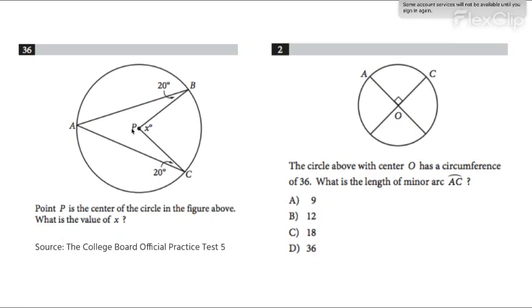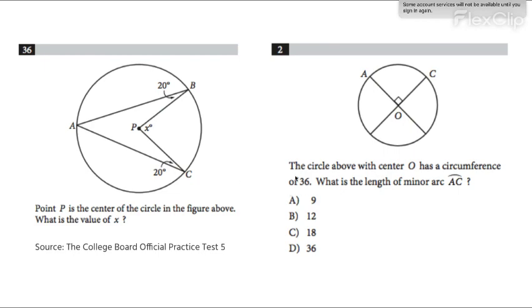And one property about isosceles triangles is that the angles on the two sides where they're equal will be the same. If you split this in half, you have a 20 here and a 20 here, and that means it's 40. And since the angle at P has to be twice that of here, you just do 40 times 2, and your answer is 80.